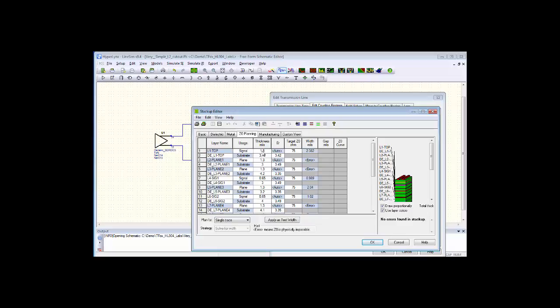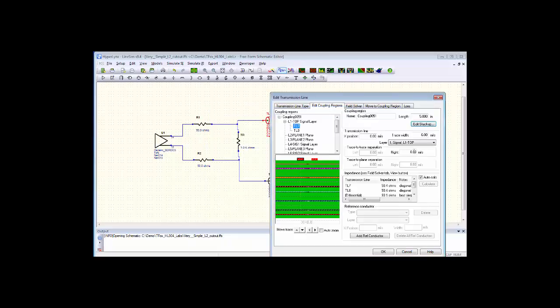So if I widen the separation, I could probably raise this impedance. Let's say I make this 15, and now the individual impedances are about 50.5, but I'm up to 97. On the other hand, if I went down here and said 4, then I'm down to 83.